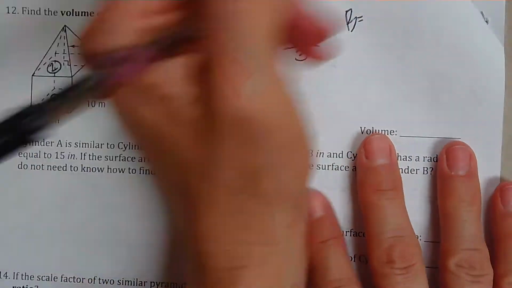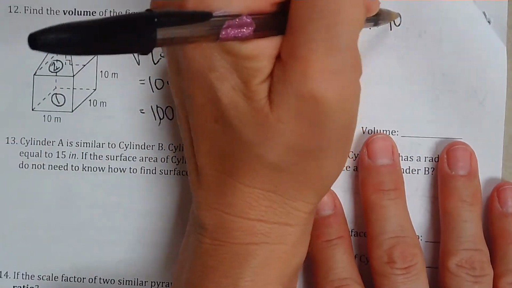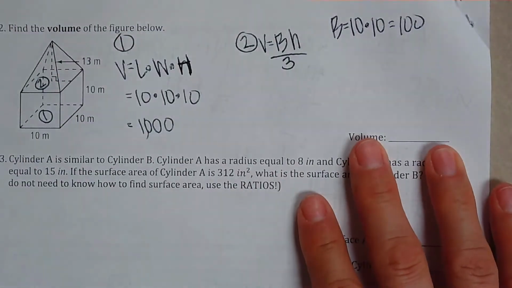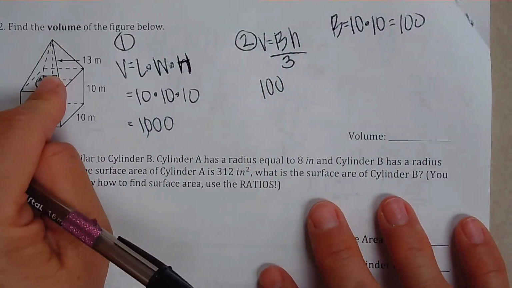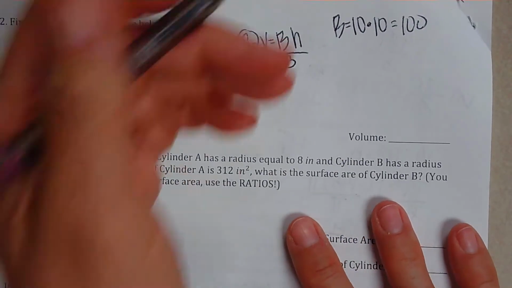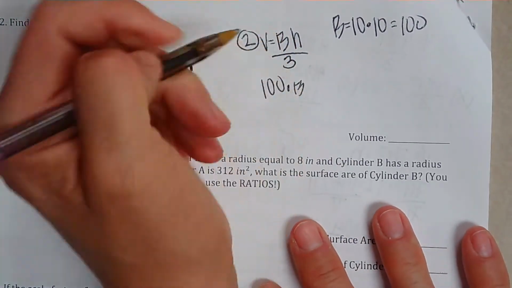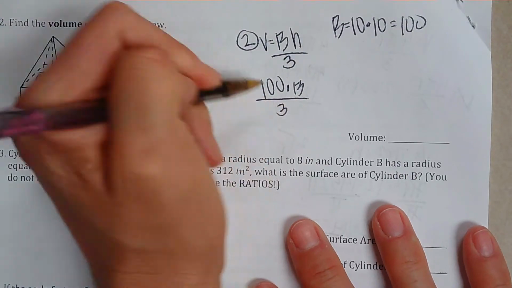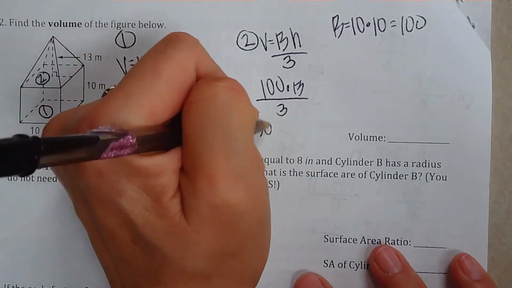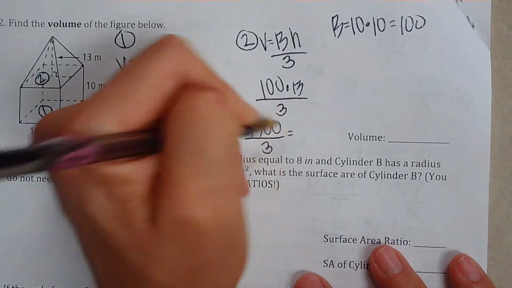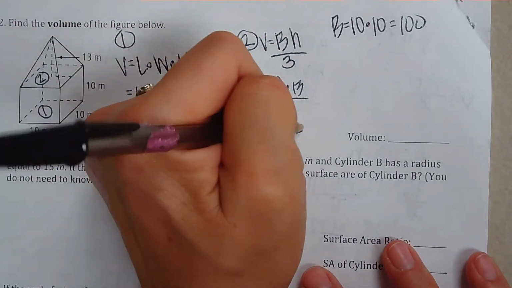Big B is a square, so that's simply 10 times 10, which is 100. So we're going to do 100 times our height, which they so nicely gave to us, 13, and all divided by 3. So we have 1,300, and we're going to divide it by 3, which gives us 433.33.